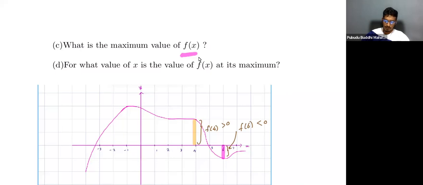If you compare these heights, what's the greatest one? I think this is the highest value this height can get. That's the maximum value, and that height is the maximum value of f of x, the maximum height.